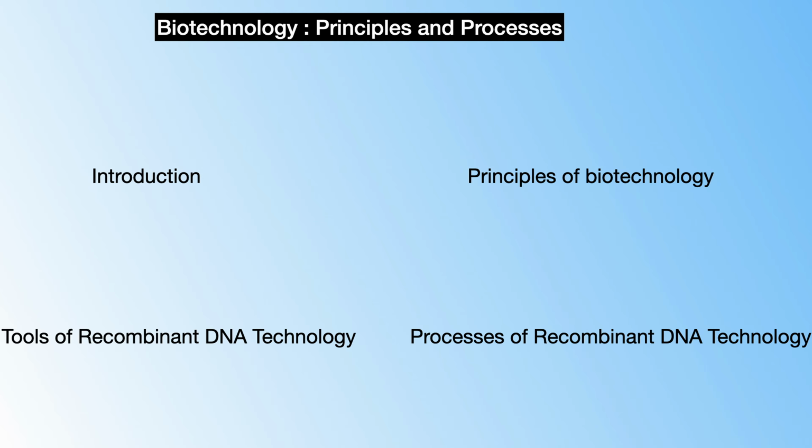It is called a marker because it marks the successful cells, and selectable because it allows us to select the winners while the others are eliminated. Without a selectable marker, finding the one in a million cells that took our DNA would be like finding a needle in a haystack. With it, the haystack simply disappears, leaving only the needles behind.